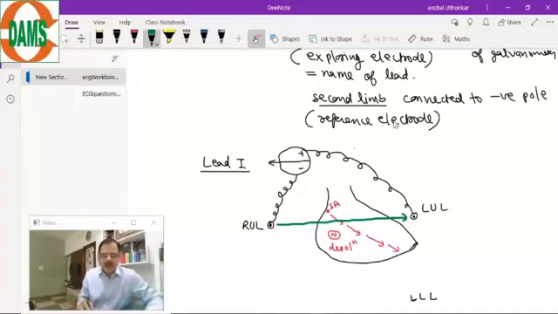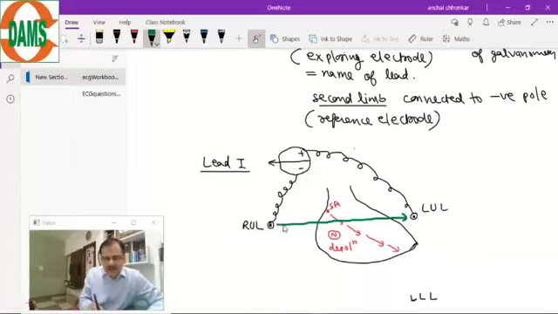So you can see clearly that this green line is the vector line of lead 1. Now what does this vector line of lead 1 represent?